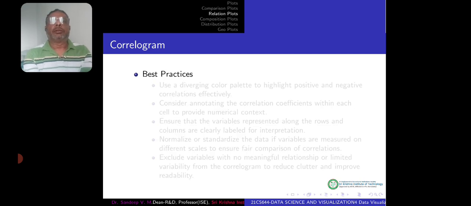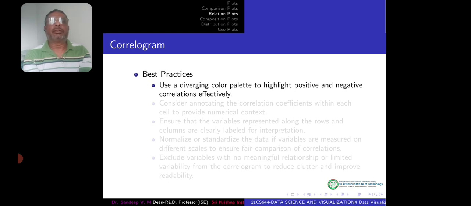Make sure that the correlogram is used to its full efficiency. Some best practices we need to follow. We must use a diverging color palette to highlight positive and negative correlations effectively.